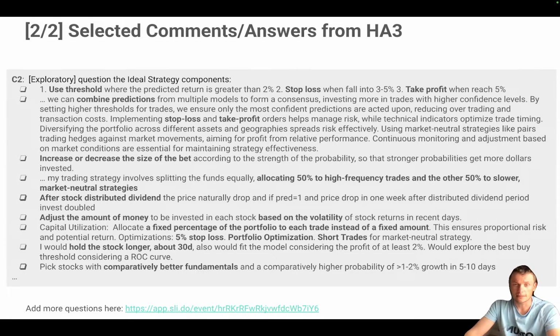This is approximately the same as what I'm doing now. So most of my trading is passive investments with slower market neutral strategies, and sometimes I try to do day trading and use the predictions that I get with the system.